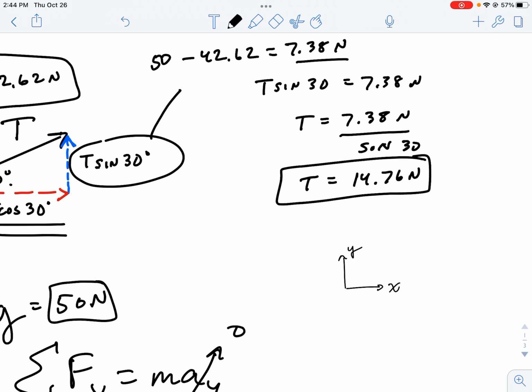And I believe the answer closest to that was answer A, which is 14.47 newtons. Notice I'm a little off because I didn't use 9.8, but I'm close enough to eliminate all the other choices.